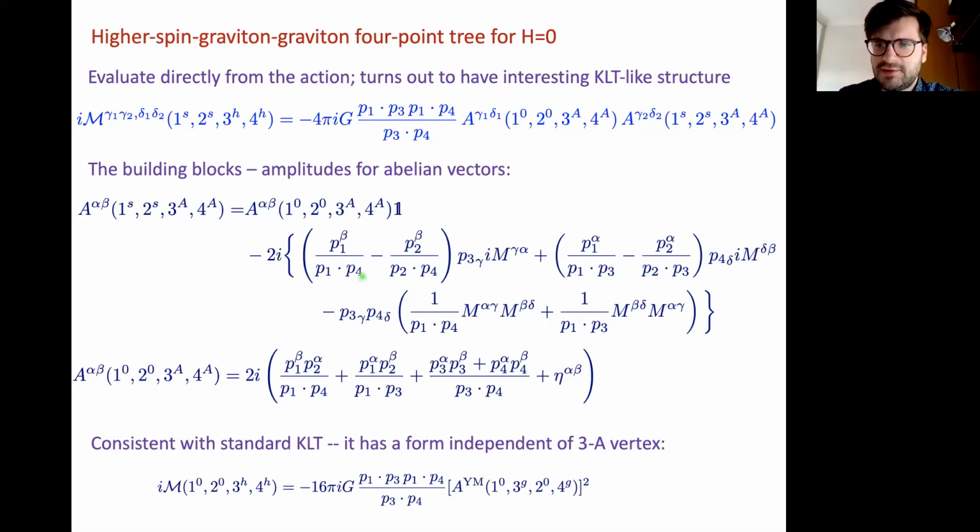And the contact term? This is a post factum observation, if you wish. The contact term is buried somewhere in this product. Notice that the product, just like a KLT relation, the contact term comes from these factors.